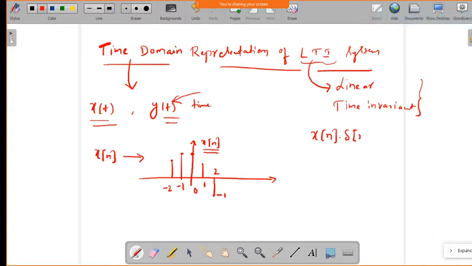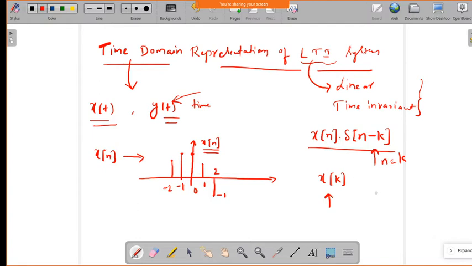When n becomes equal to k, this results in the response of this system. If I take del of n itself, then it will become x of 0, right?